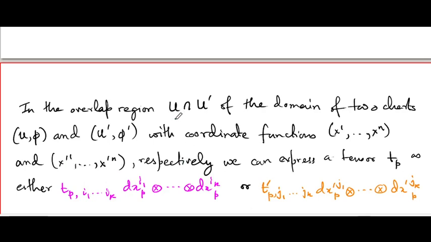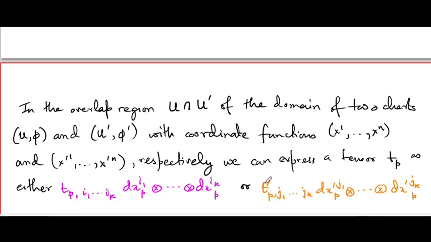Then, remember we are in the overlap region, so you have the full right to use either the chart (U, phi) or (U prime, phi prime). If you are using the chart (U, phi), you will end up with this representation, T_p = T_{i1...ik} dx^{i1}_p tensor product ... tensor product dx^{ik}_p, or another representation where instead of dx^{i1}_p tensor product dx^{i2}_p etc., you use dx prime^{j1}_p tensor product dx prime^{j2}_p and so on, with of course a different bunch of components.